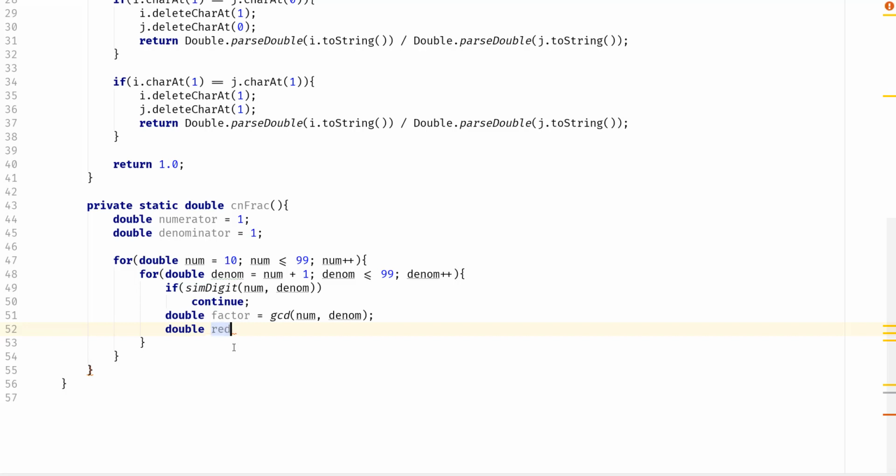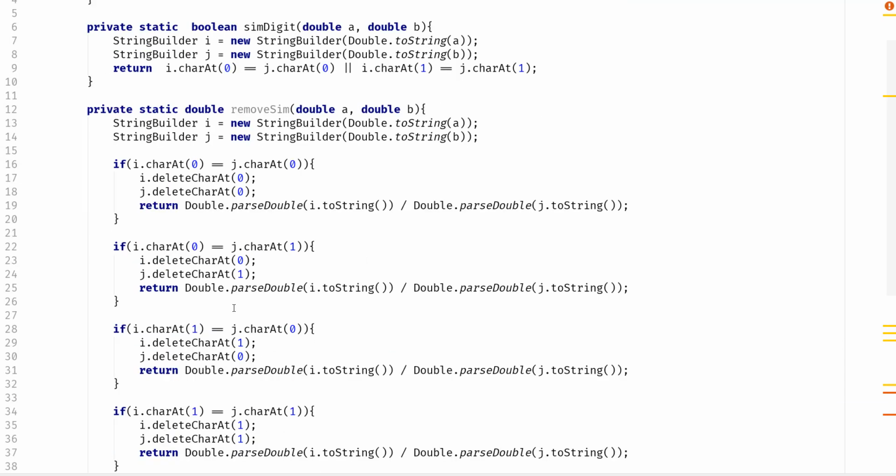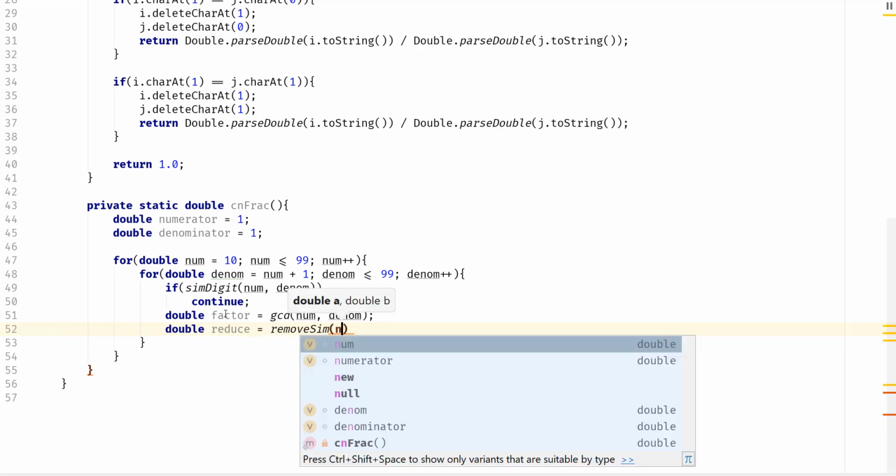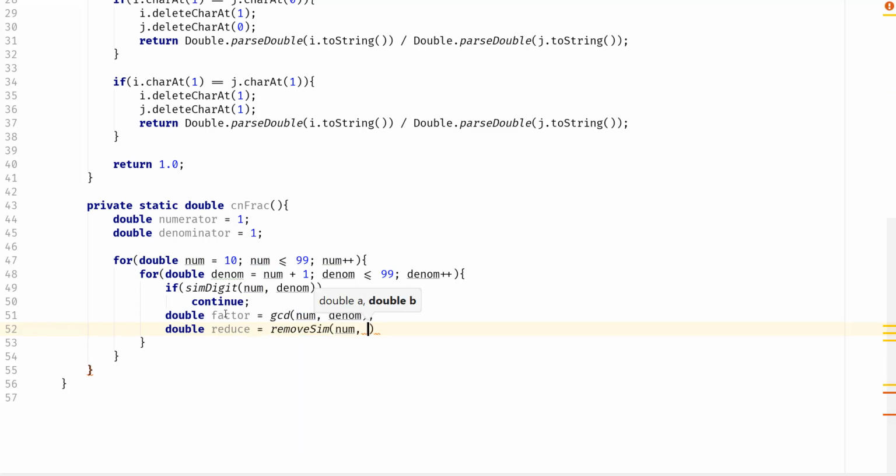So we can call this one reduced. Okay, so reduced is going to equal remove sim, and then we're going to pass in the num and the denum. So remember that the num has to go first because I set it as I, and if you try to divide it in the wrong order, it won't work.